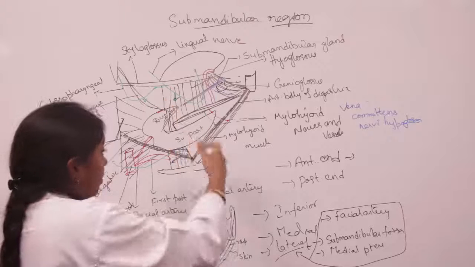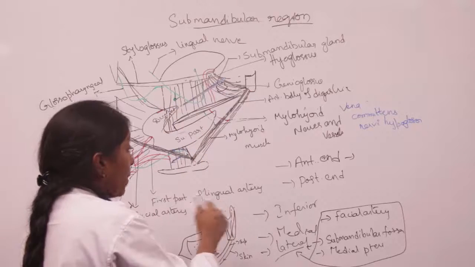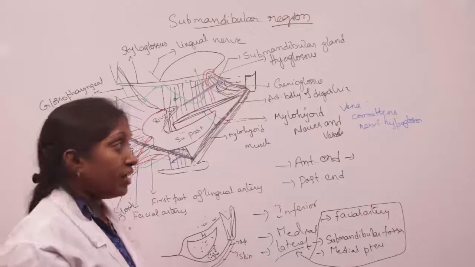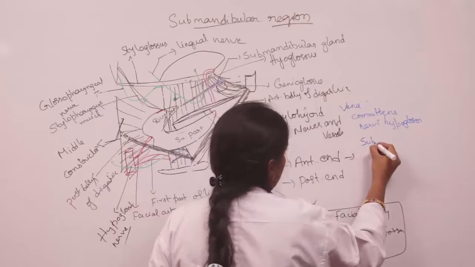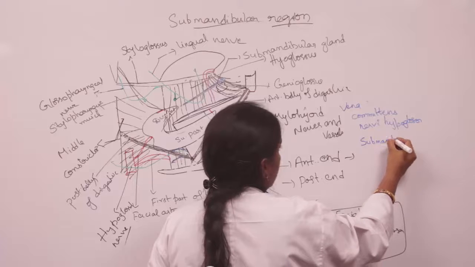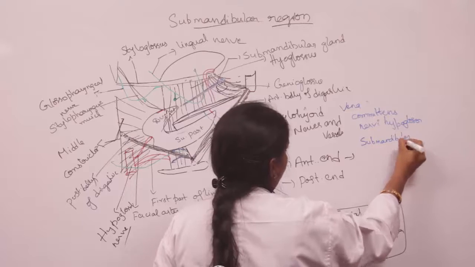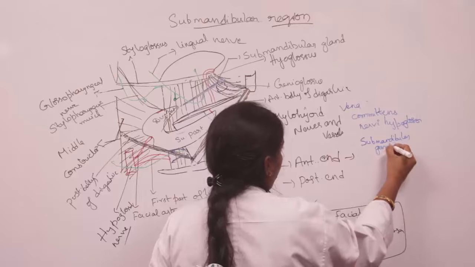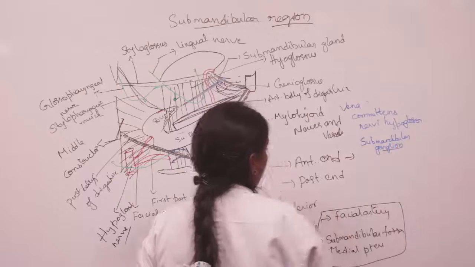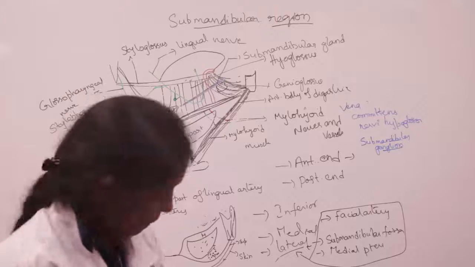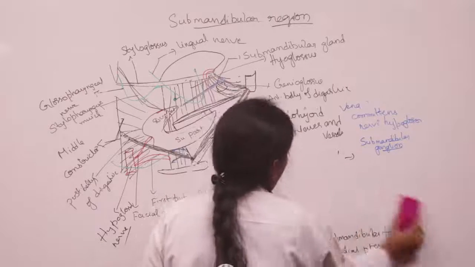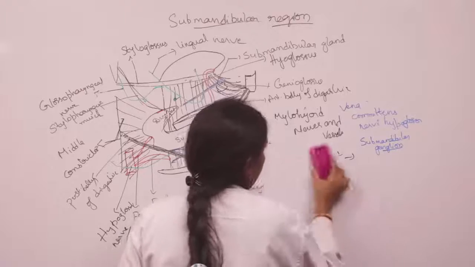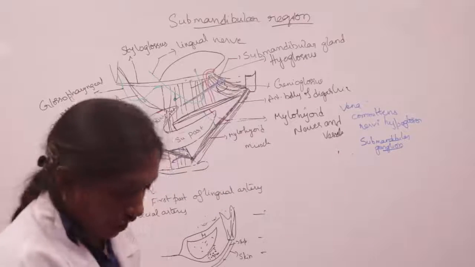And one more thing here is the nerve supply of the submandibular gland. The important one here is the submandibular ganglion. The submandibular gland receives its nerve supply by the submandibular ganglion.